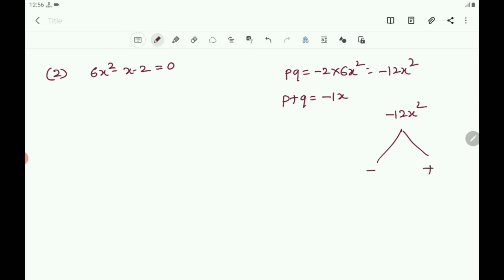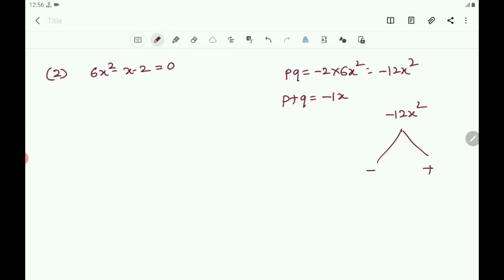Let us consider the first one is the greater number, the second is the smaller number. Now in which table is 12 there? Different sign means you must get the difference, and you know that 4 minus 3 is 1. So let us have the factors. 4 3s are 12 and 4 minus 3 is 1.